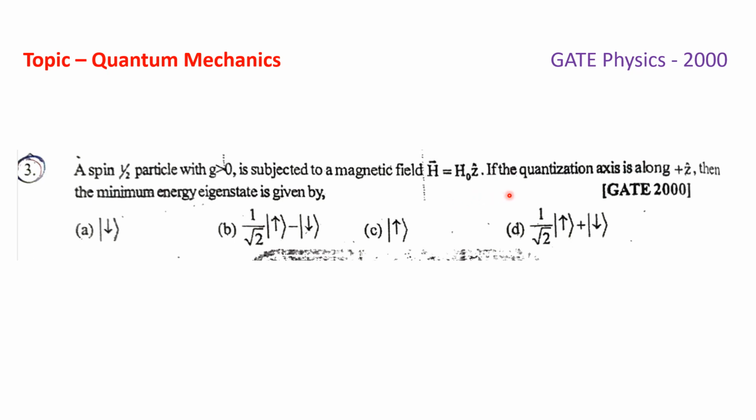If the quantization axis is along plus z cap, then the minimum energy eigenstate is given by, option A is downspin state, option B is 1 by root 2 times upspin minus downspin, option C is upspin state, and the last option is 1 by root 2 times upspin plus downspin state. So you have to find the correct answer.